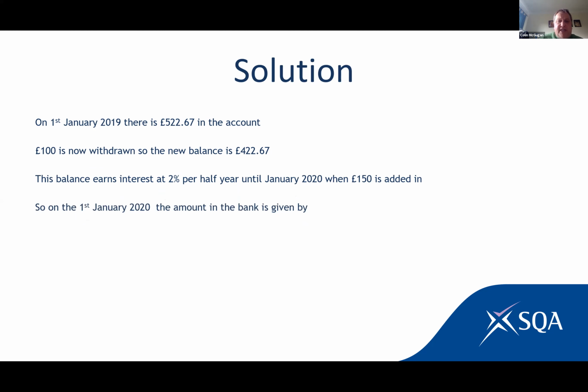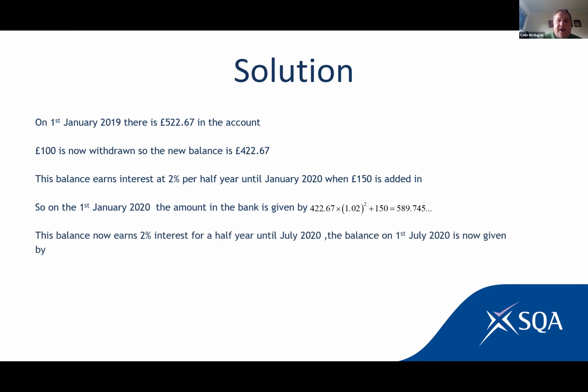So on the 1st of January 2020, the amount in the bank is given by 422.67 times 1.02 to the power of 2, plus 150. And that leads to the answer we've got there, 589.745.